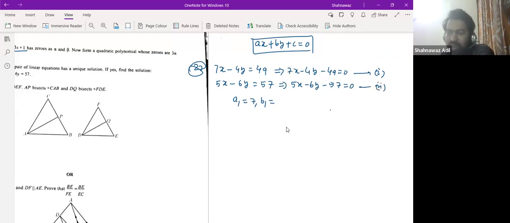B1 is minus 4, because the sign will change your answer completely. And then C1 is minus 49.